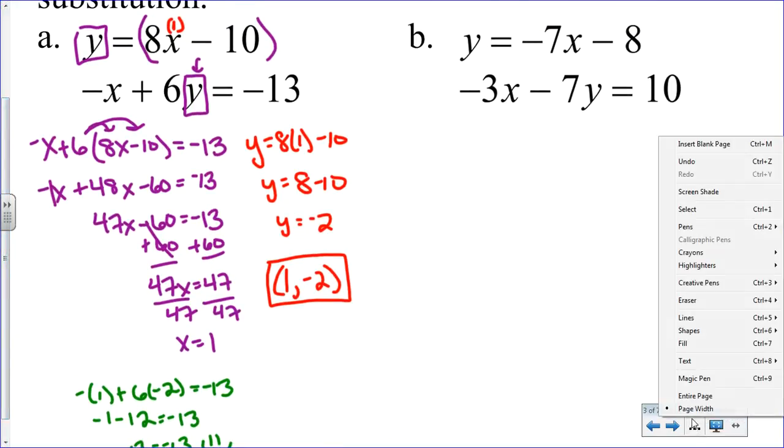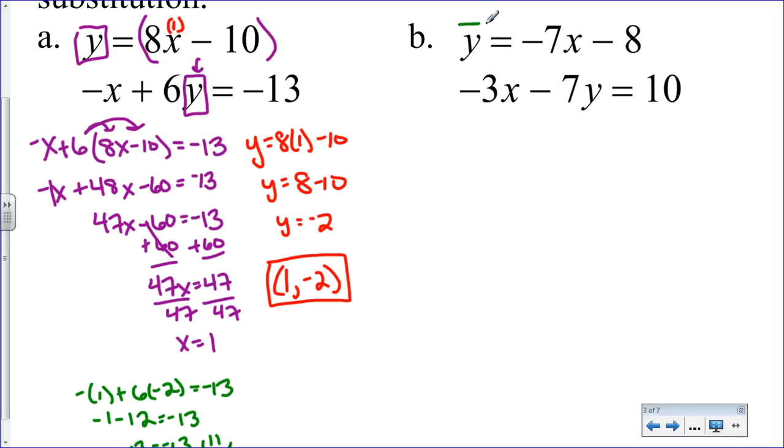We are going to do the same thing and plug this negative 7x minus 8 in for the second y. Be really careful when you do this to always remember to put the expression in parentheses.